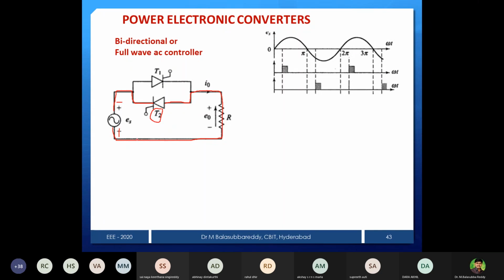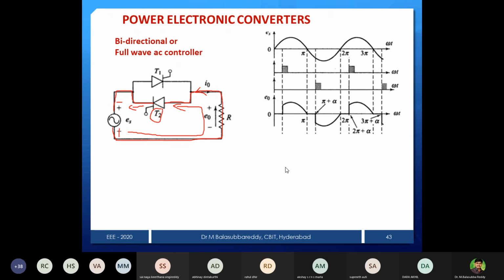Then what is the current direction? Start with plus, go like this. That's the reason you can see there is a plus, and then load, it goes to the T2, goes to the minus. So now what will happen? Output is same as the source only, but the current direction is opposite to the reference. That's why it will be negative.